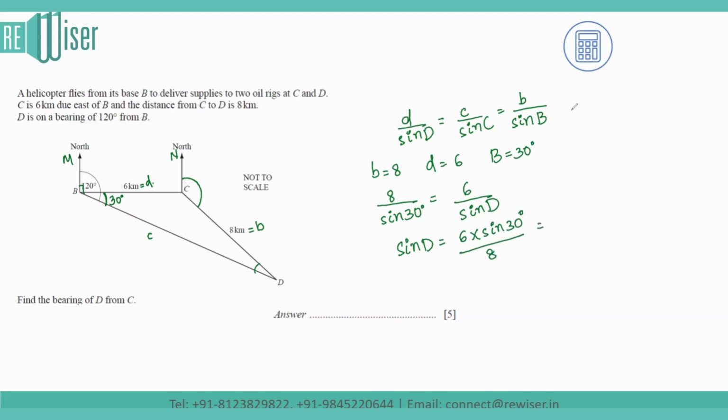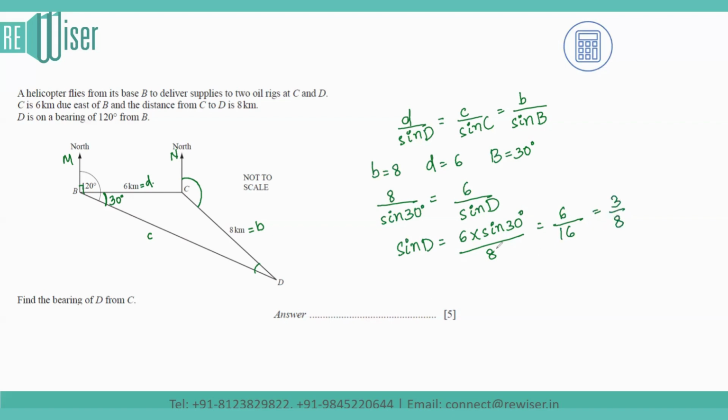We know that the value of sine 30 degrees is 1 by 2. On substituting sine 30 as 1 by 2, we get 6 times 1 by 2 into 8, that is 3 by 8. That is, sine D is equal to 3 by 8.